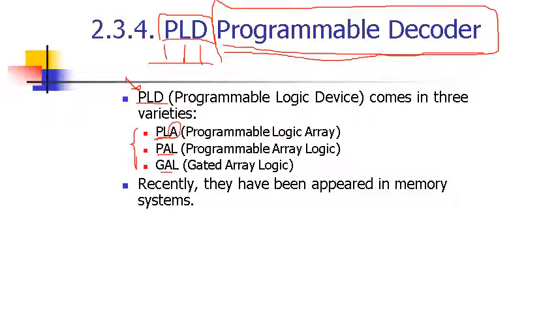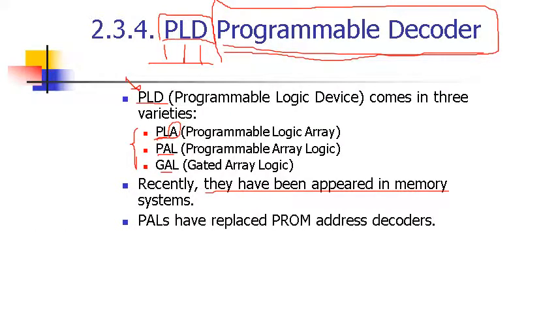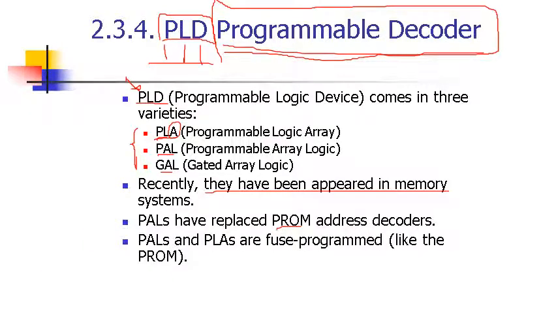In most of the modern microprocessor based systems and memory interfacing systems we use PLDs, PAL instead of PROM. PALs and PLAs are fuse programmed. So they have connections that are fused.